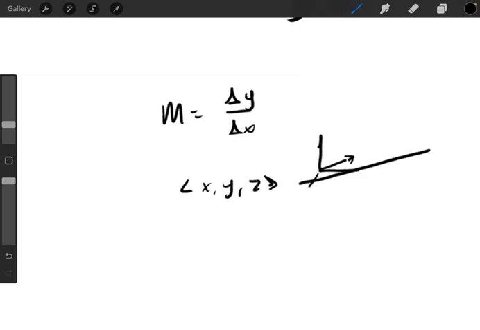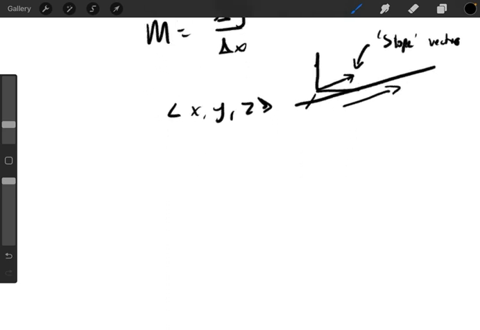I'm going to refer to this as the slope vector of a line. So this slope vector is like the slope of this line. Let's say our line was the parametric equation x equals 3t, y equals 2t, and z equals t.